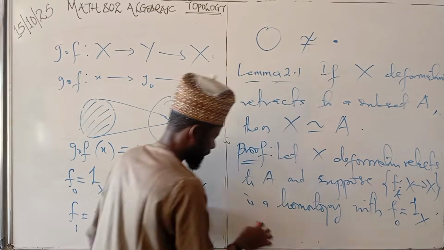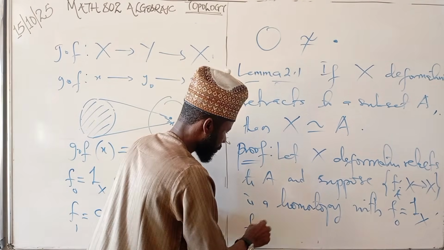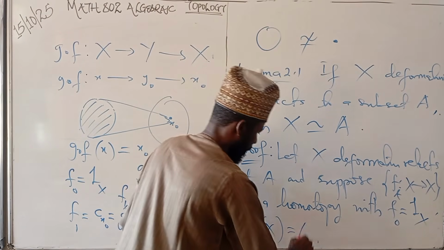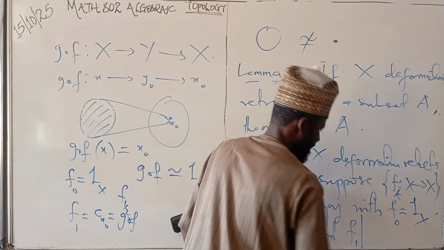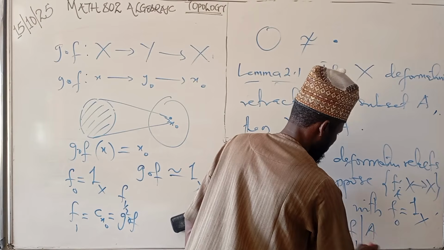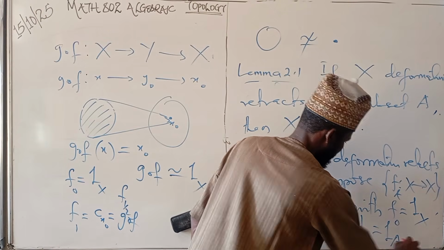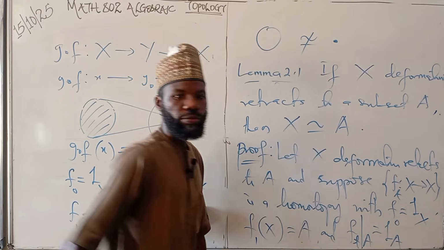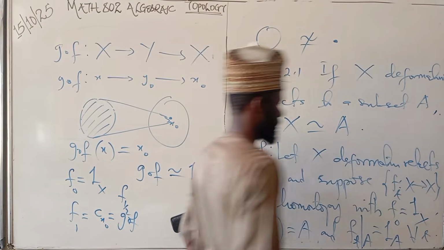And the second condition is that F1 should be a retraction, meaning it must map everything to A, and F1 restricted to A is the identity on A. In fact, we can make it a strong deformation retraction, as we define it, for all t.